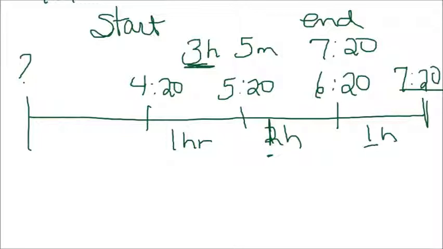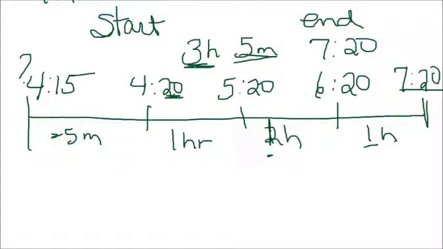Now I'm going to subtract my 5 minutes. So I subtract that 5 minutes from 4:20. My time is not going to be 4:25 because that's adding. But I say 20 minus 5 makes my start time of 4:15.